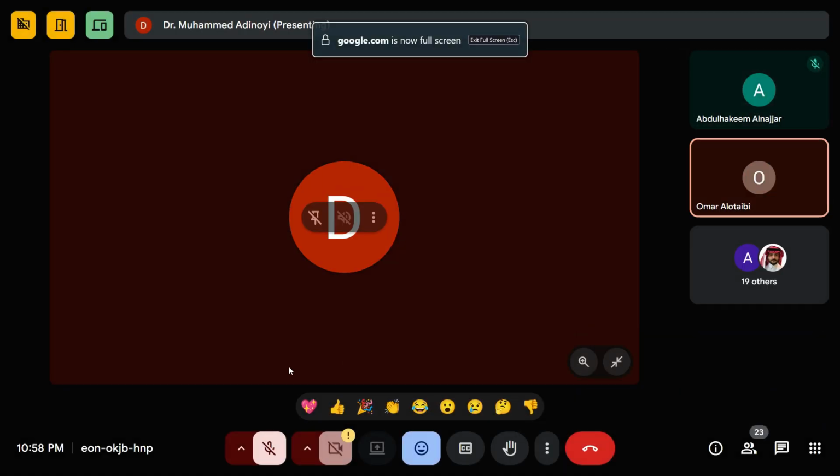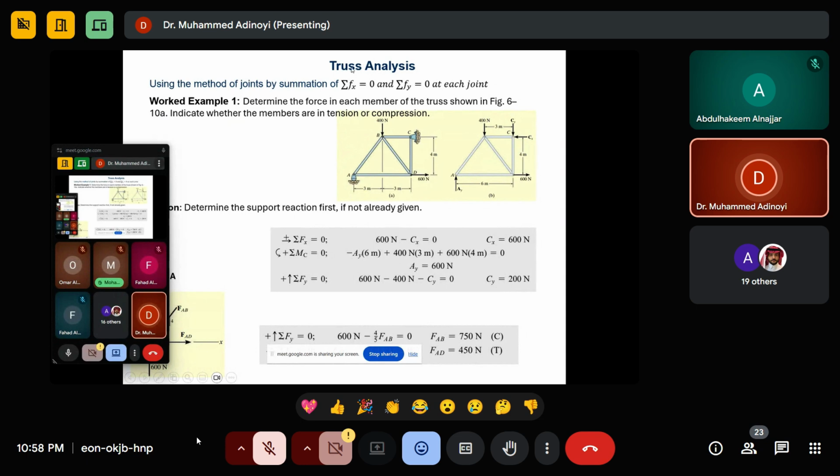Okay. So, like when you talk about truss analysis, what is a truss? You should know what a truss is. What are the members? What do we call members in the truss? Is it this one or is it this one?